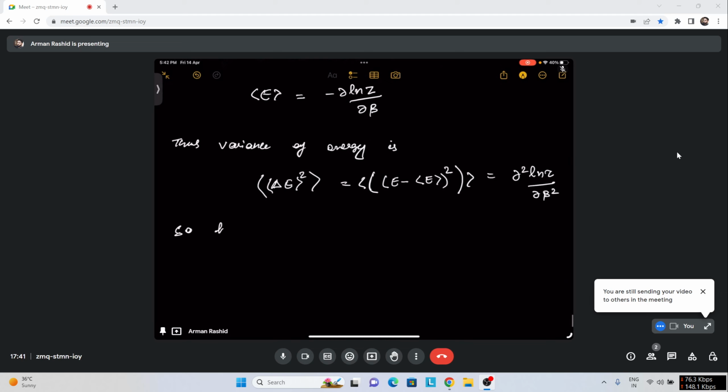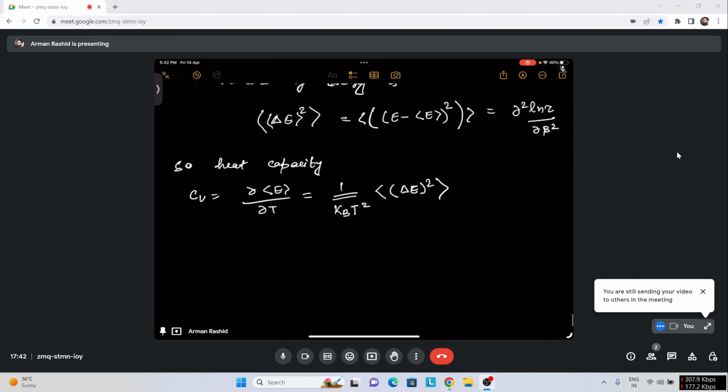From this we can derive the heat capacity, because we know that heat capacity CV is given by d total energy by dT, which is given by 1 by kB T square times the expectation value of delta E square.